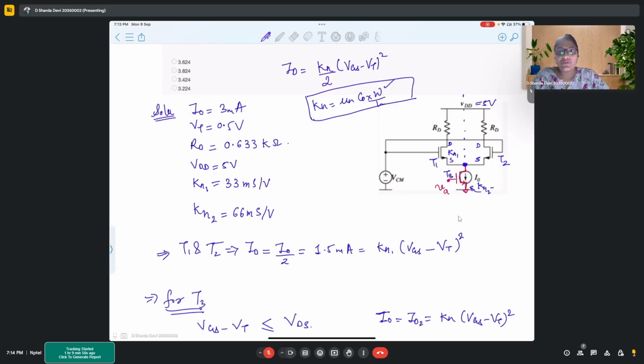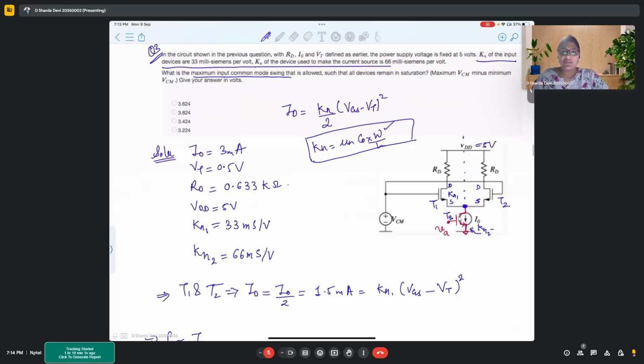I think in all the three problems you have to take similar steps. Yes, more or less you can do that. But that's what I'm saying, because until now we were more or less considering this last transistor as an ideal current source transistor.